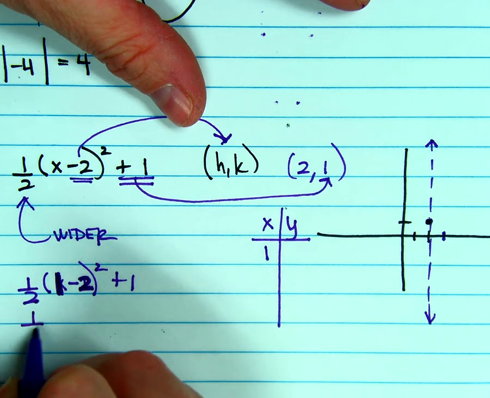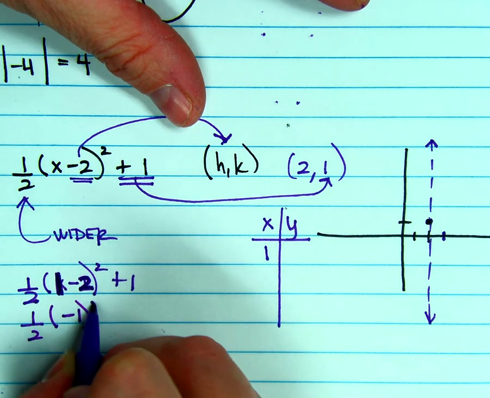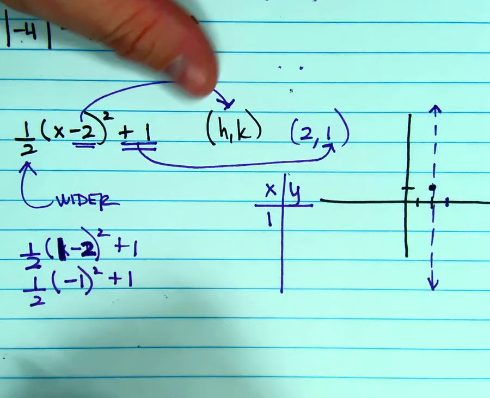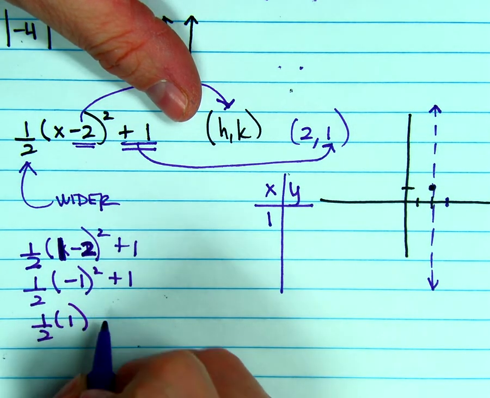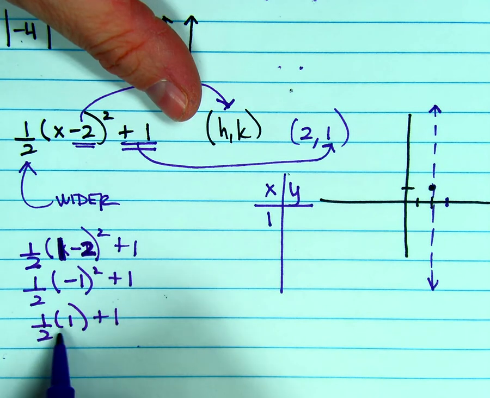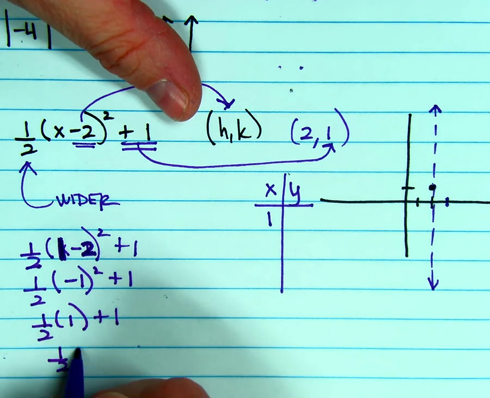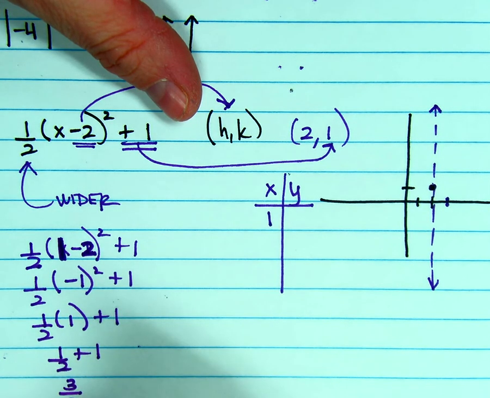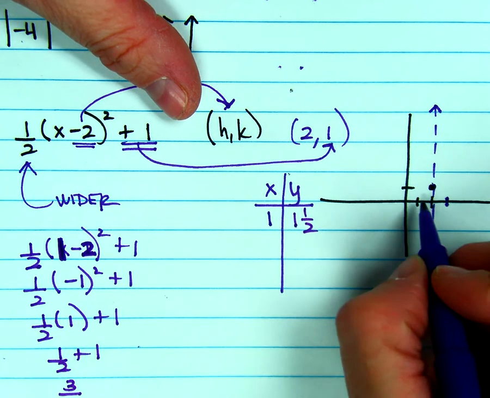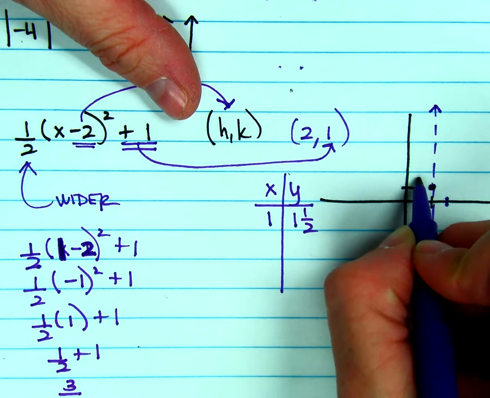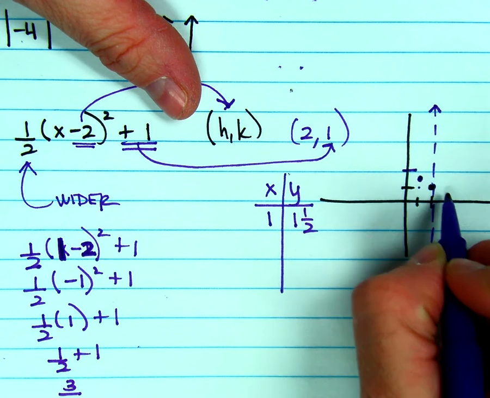So I have 1/2 times negative 1 squared plus 1. Negative 1 squared is 1. Half times 1 is a half plus 1, and it gives me 3/2 or 1 1/2, however you want to look at it. So 1 and 1 1/2 would be about right there.